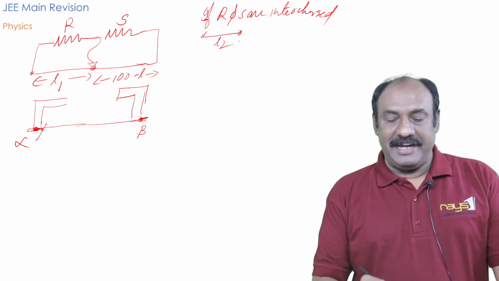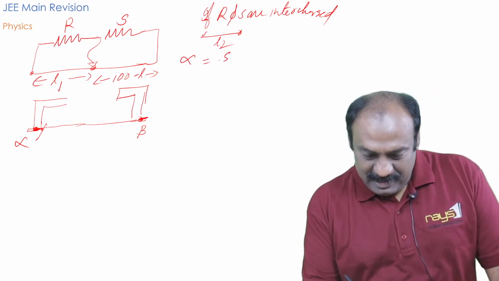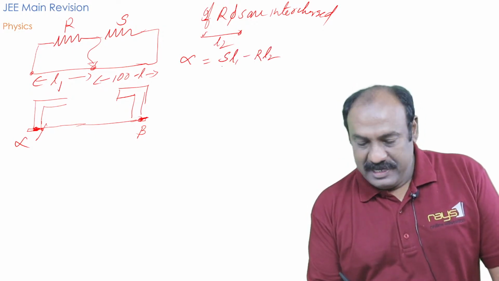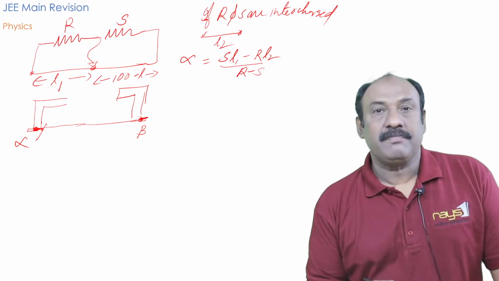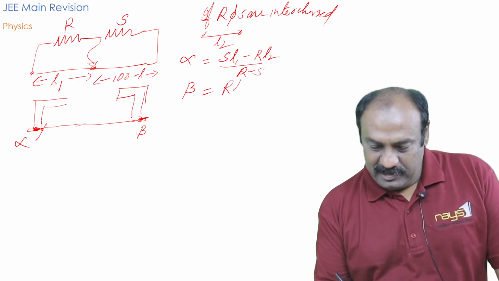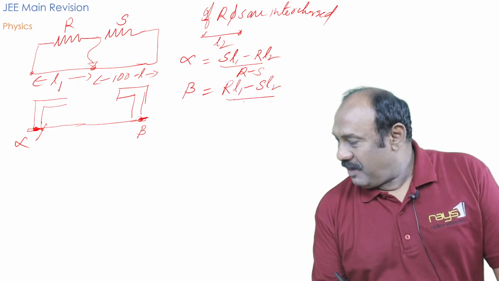Then the end corrections are given by the standard formula: alpha is equal to S L1 minus R L2 by R minus S. In a similar way, beta is equal to R L1 minus S L2 by R minus S.